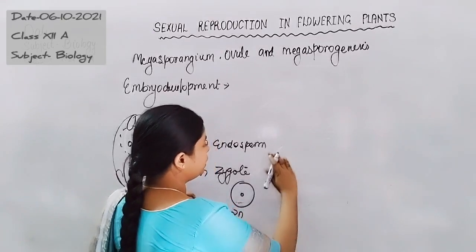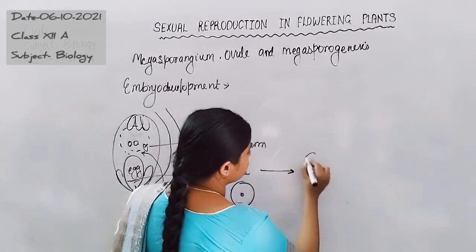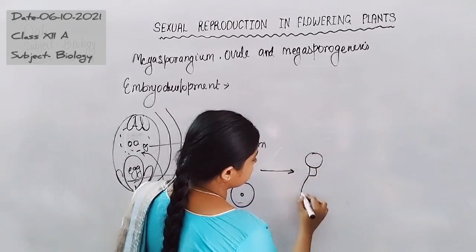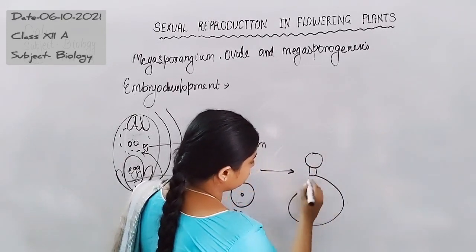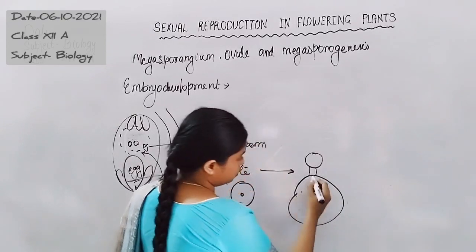Now it develops into a globular structure. Through the suspensor, the globular embryo is attached.